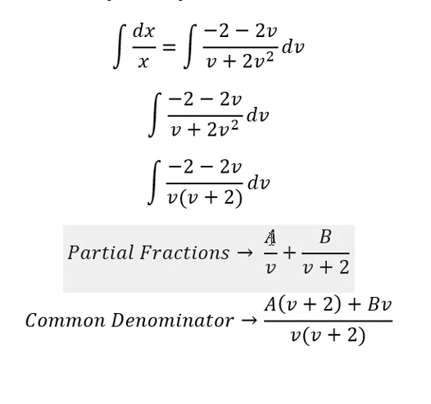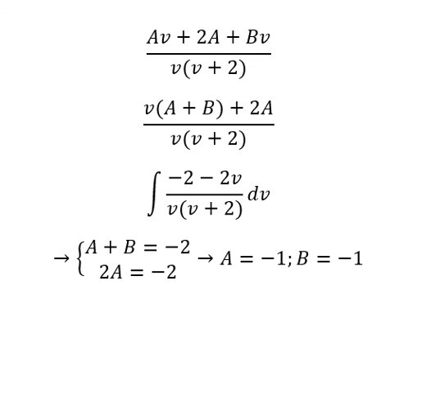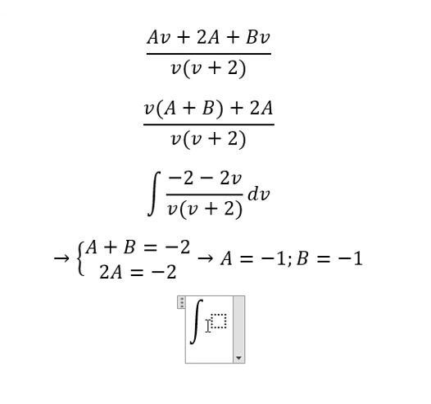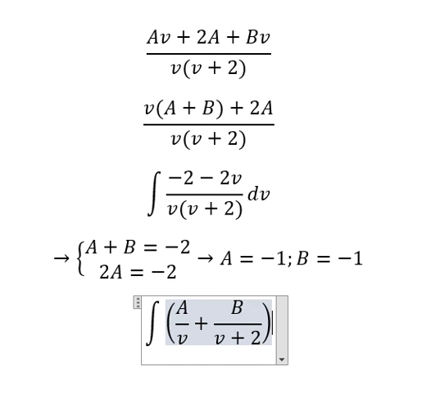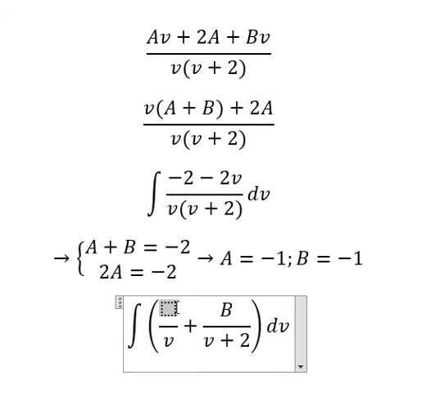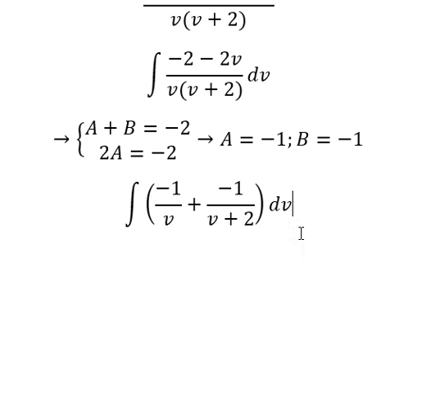So we need to return back to this one in here. And we get this integration. A is negative 1, b is negative 1. And now we get the final answer.